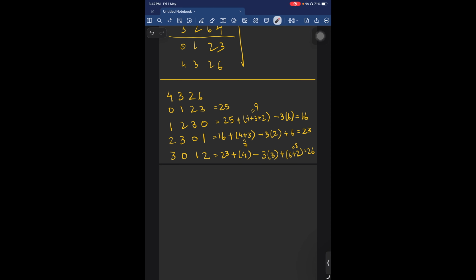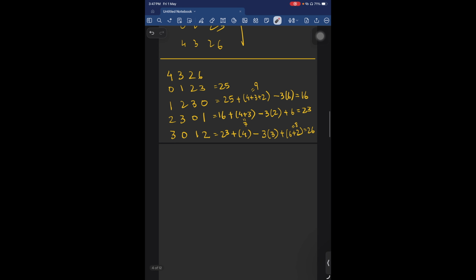Similarly, in f of 3 also, the partition's contribution will be removed and their contribution will be added to the previous one. In this way, these individual operations are big O of 1 operations. So overall, it's just a linear operation. So it will be big O of n. Now, if we use prefix sum, we will also need an array. So space complexity will be big O of n.